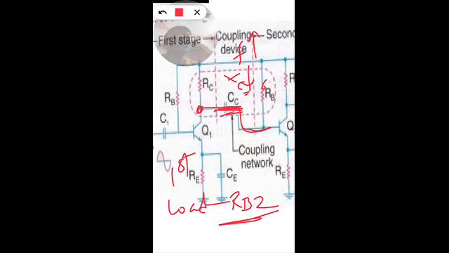This loading effect will reduce the overall load resistance, RL dash gets reduced, and therefore the gain decreases. The gain falls in the high frequency region because of the loading effect, from the second stage on the load resistor of the first stage.